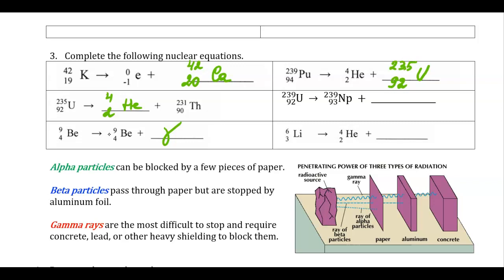So it produces a degradation product, neptunium, so that's why here we need to put -1, and the mass will be the same, so 0 here, and this is a beta particle. Okay, and lithium 3 2, that means that we have 1 here, correct, and 6 and 4 here gives us 2 here, right?